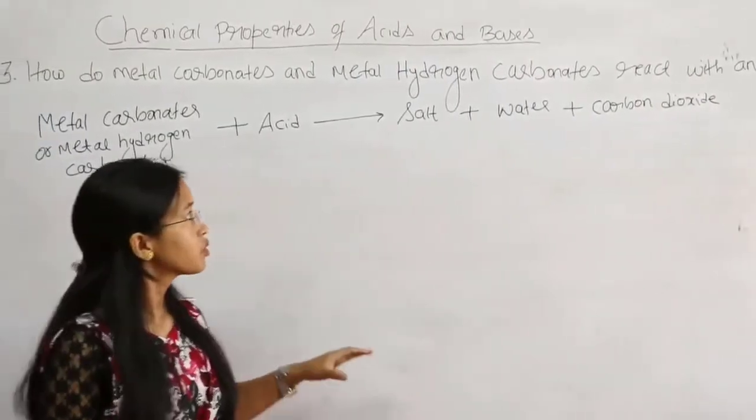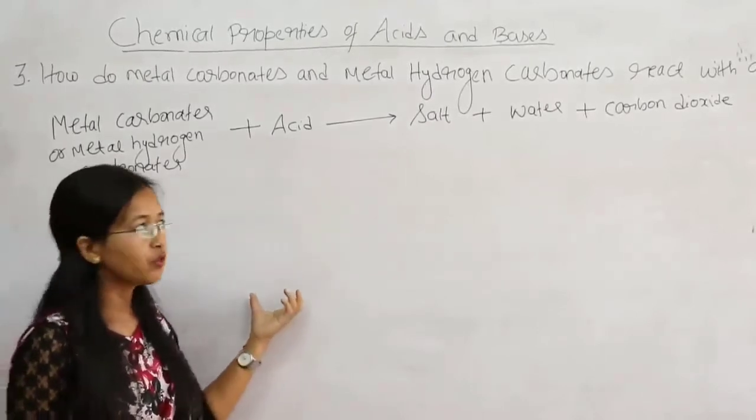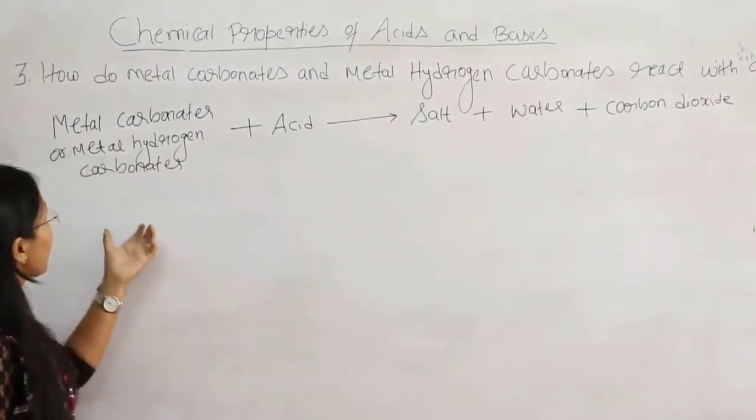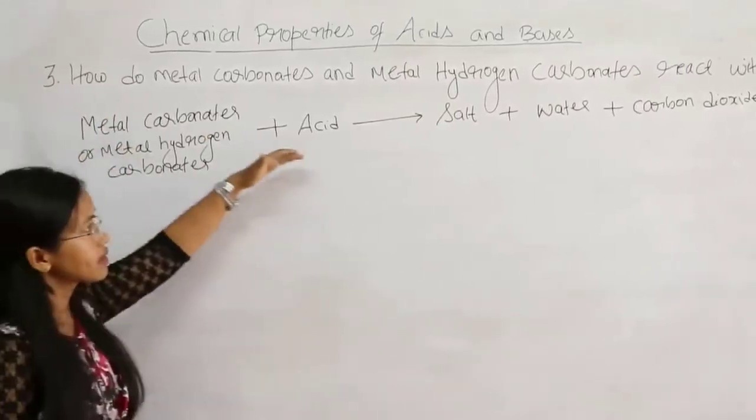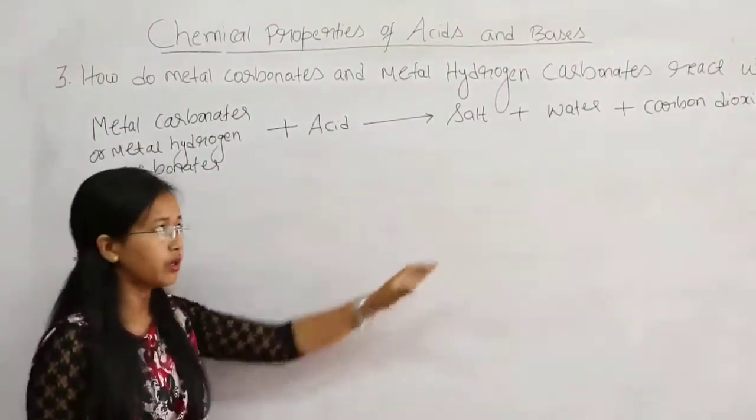So to understand this reaction very carefully, I'll give you a few examples. Let us react metal carbonates with acid first. You need to get salt, water and carbon dioxide.